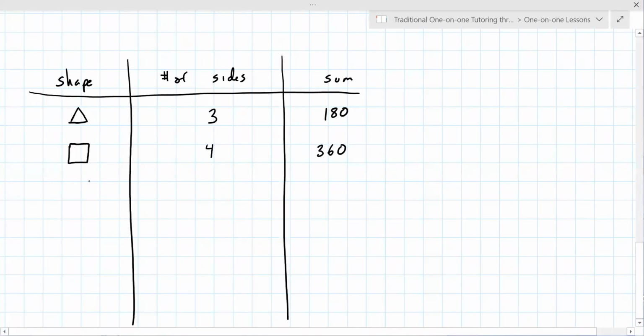What was the third shape, Sourish, that we looked at? The Pentagon. How many sides does it have? 5. And what was the sum of the pentagon?